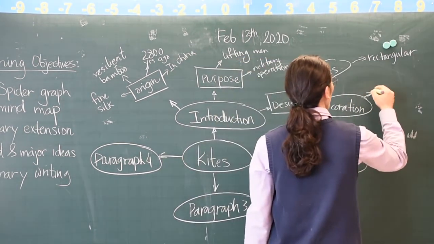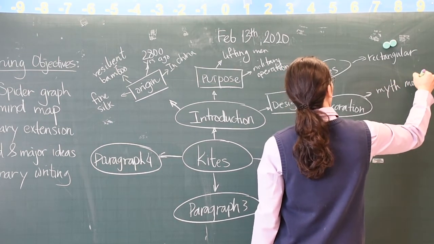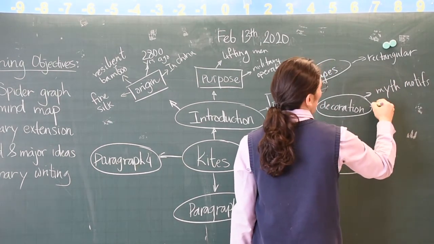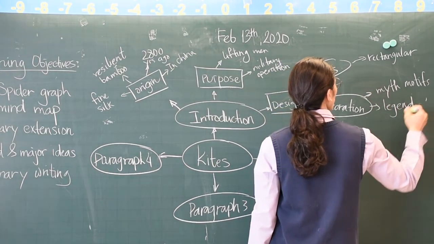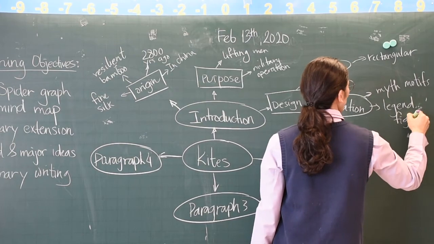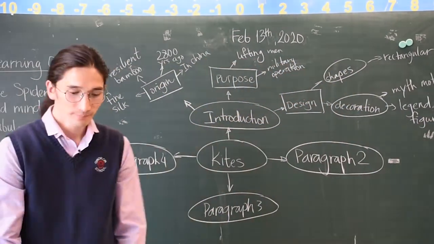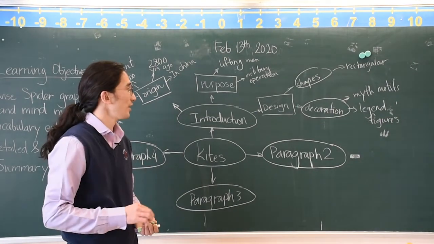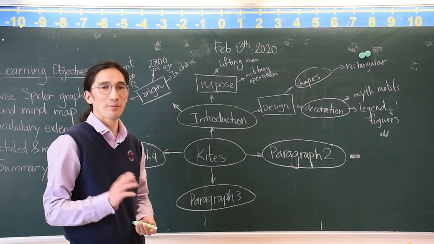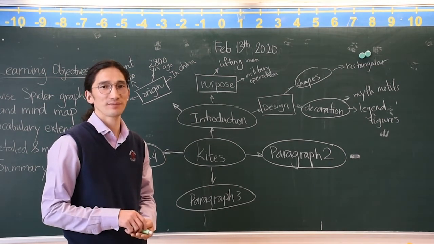So in this part, it was like mythological motifs and legendary figures, like that. Okay, hope you had developed the exact same diagram as me. Maybe better than mine with lots of ideas.